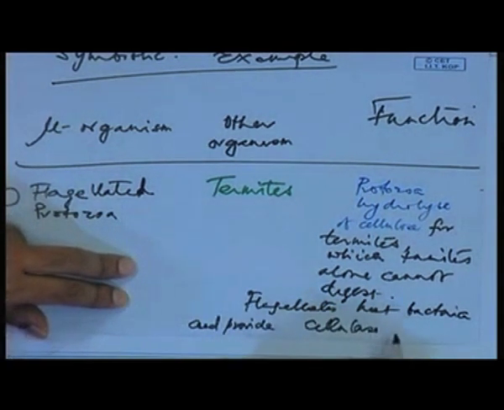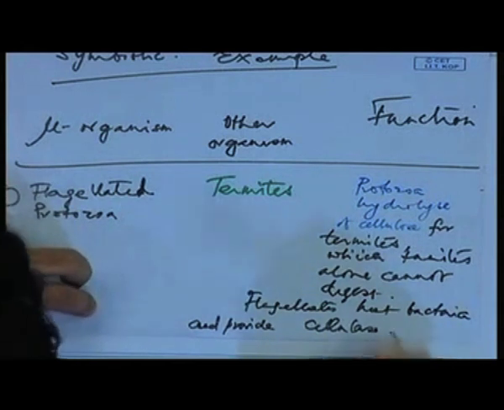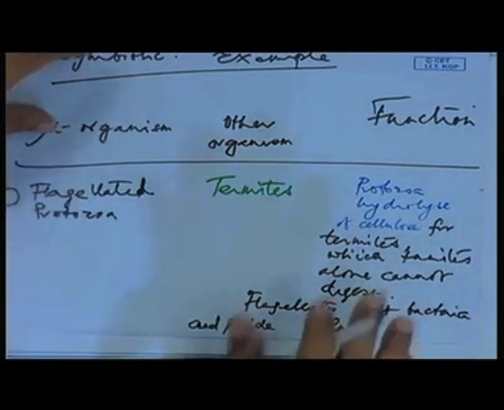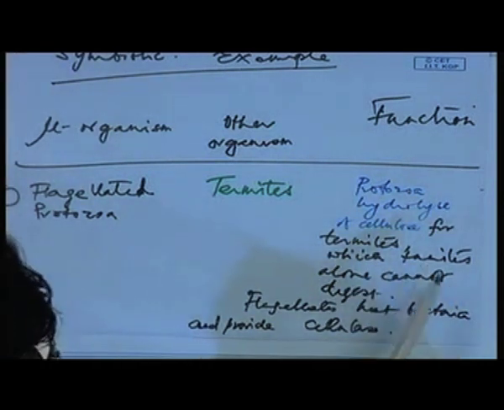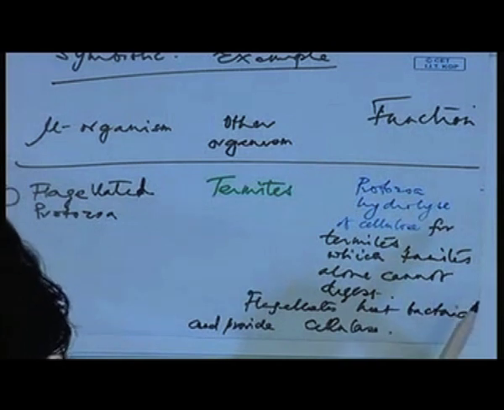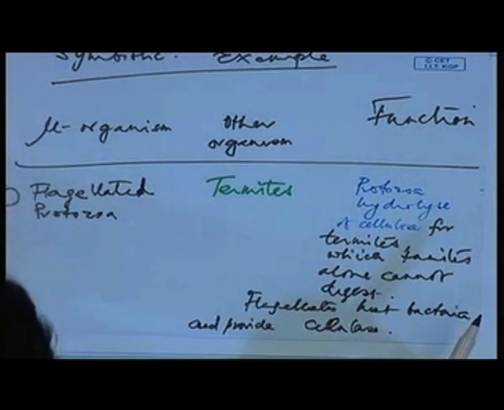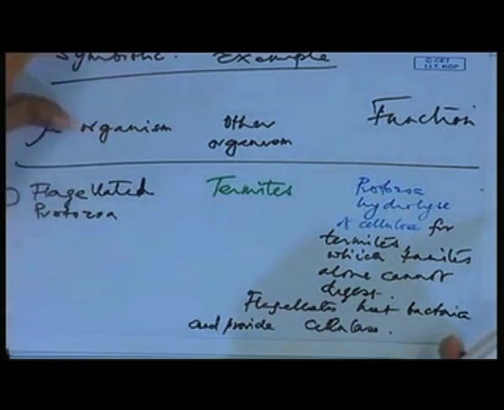Cellulase is an enzyme that helps in hydrolysis of cellulose. So, essentially this is what happens. The protozoa hydrolyze the cellulose for the termites. They are the ones which can hydrolyze the cellulose, because the termites cannot digest it, and the flagellates host the bacteria and provide the cellulase.